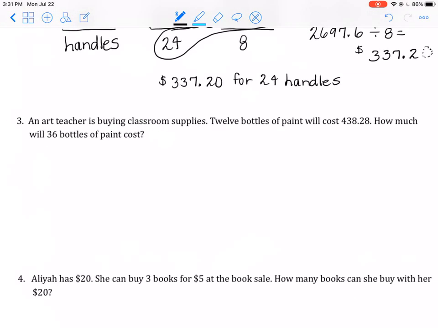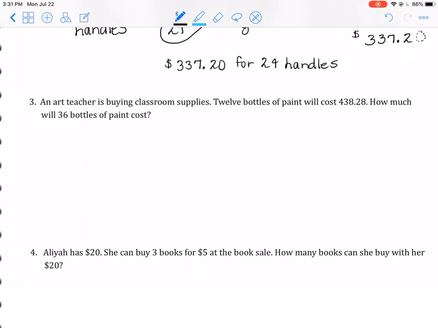Okay, number 3. An art teacher is buying classroom supplies. 12 bottles of paint will cost $438.28. That's some expensive paint. How much will 36 bottles of paint cost? So let's go with the question.